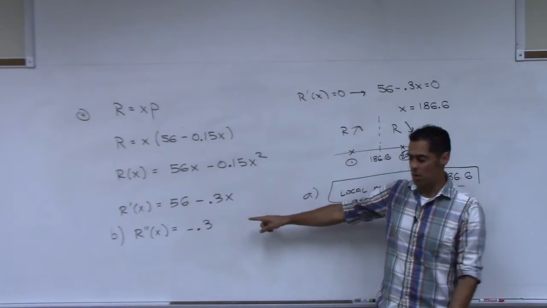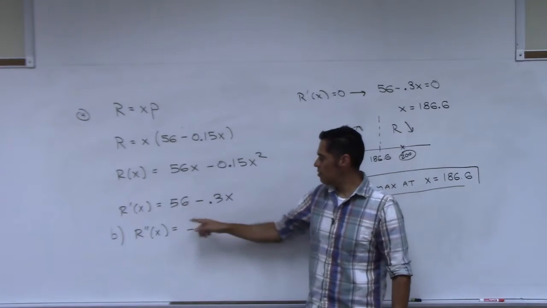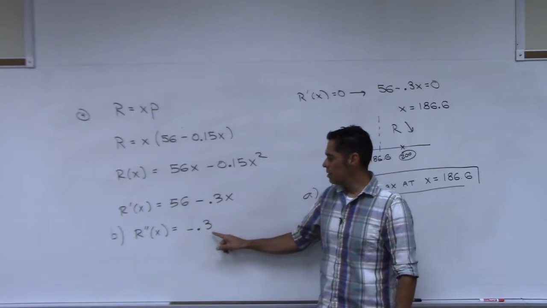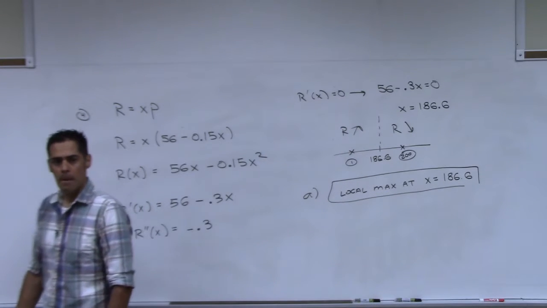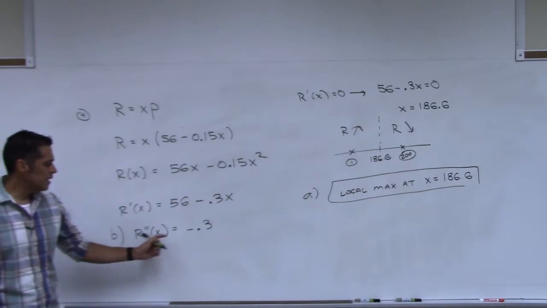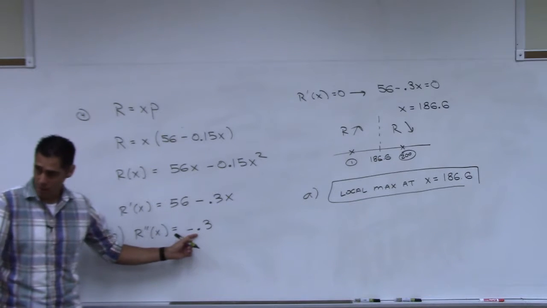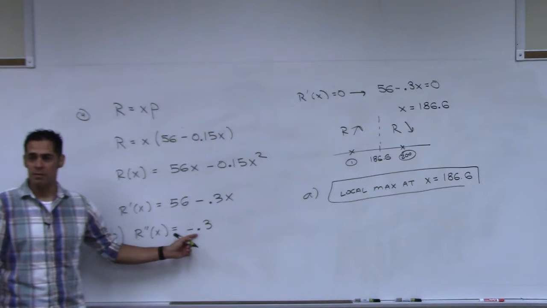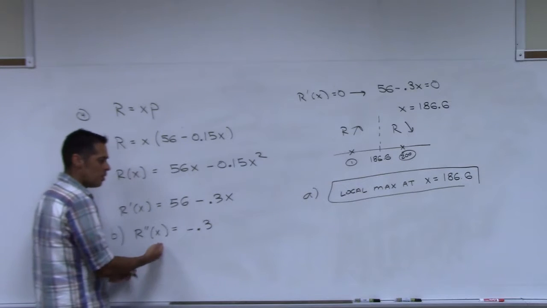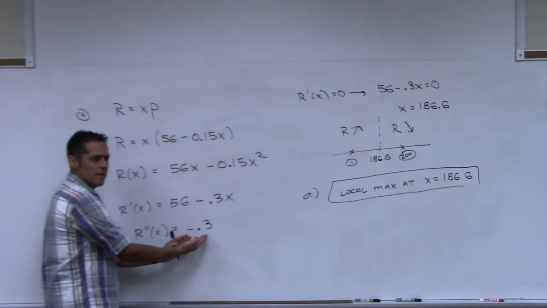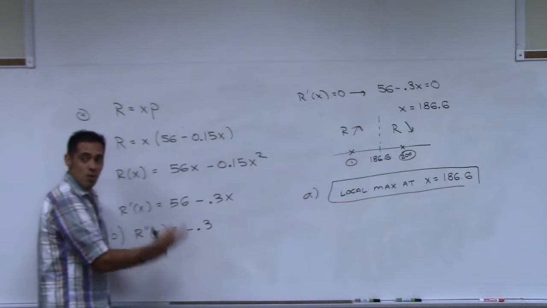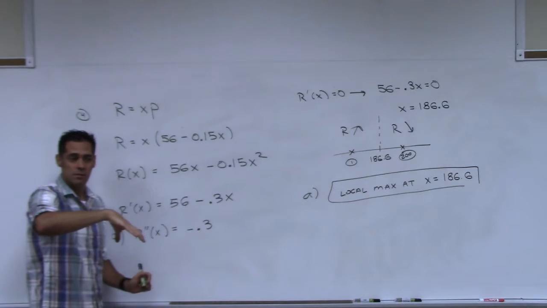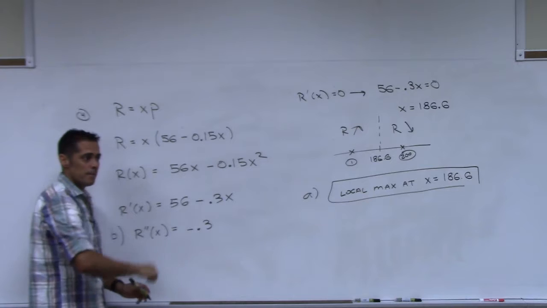Derivative of this is that. What is that telling you? The second derivative is negative, always. Regardless of what x I plug in, there is no x in the second derivative. That means it's always concave down. That's what this says. Okay?